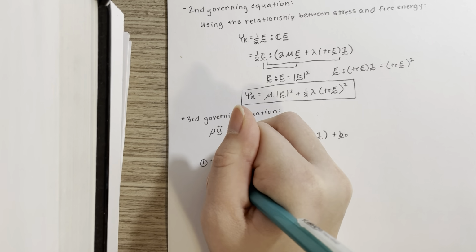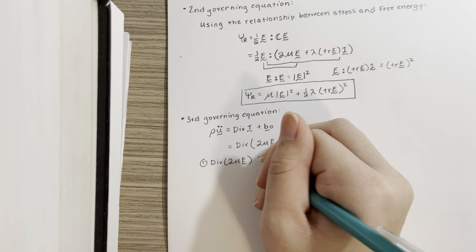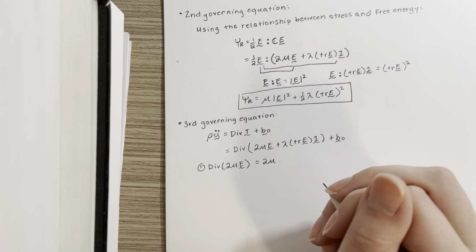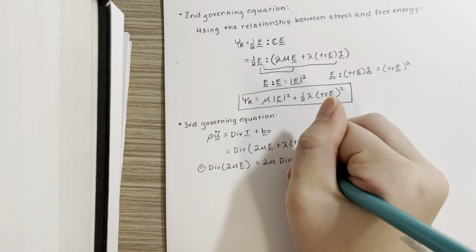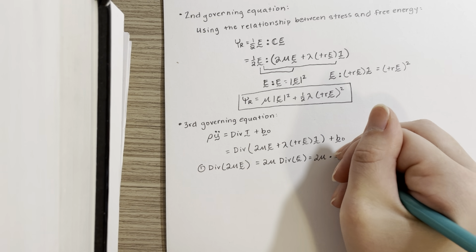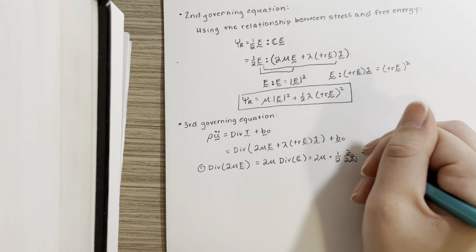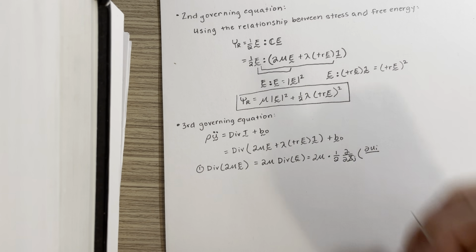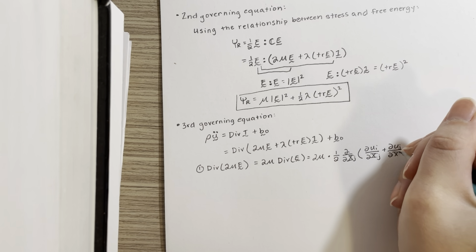So first we have the divergence of 2 mu E. So we can pull our 2 mu out in front since those are constant, and then the divergence of E, so what we have is 2 mu times 1/2 our divergence del xj, and then E, which can be expressed as del ui del xj plus del uj del xi.